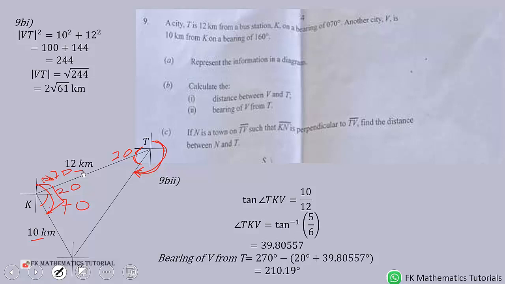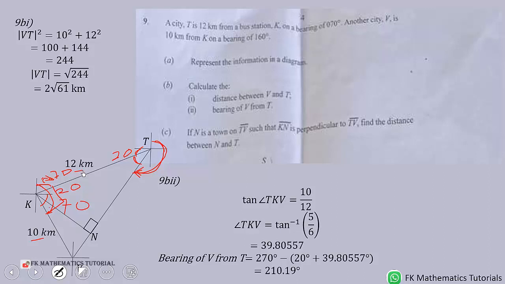Now the next question says that if N is a town on TV such that, so that's one. So we drop a point from K to TV such that it will be 90 degrees to it, and we call it N. Now we want to find TN.